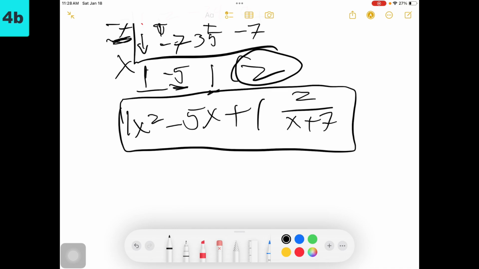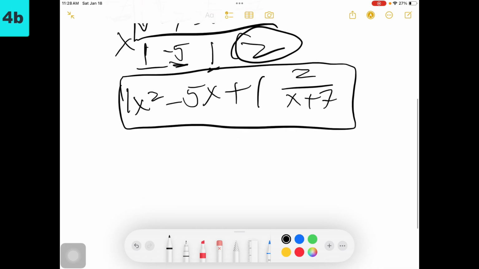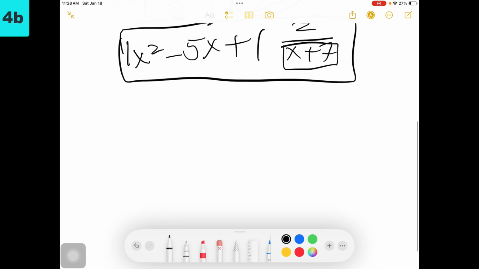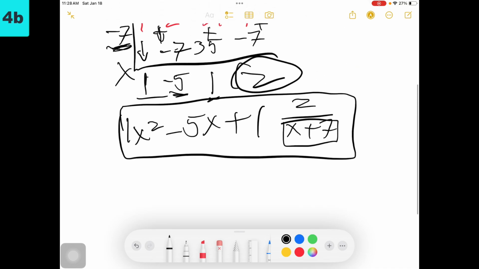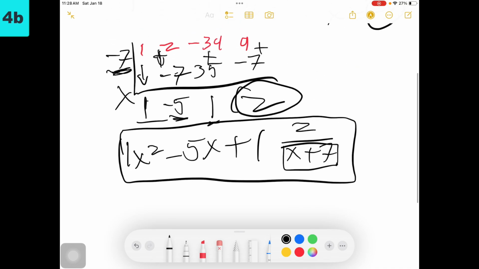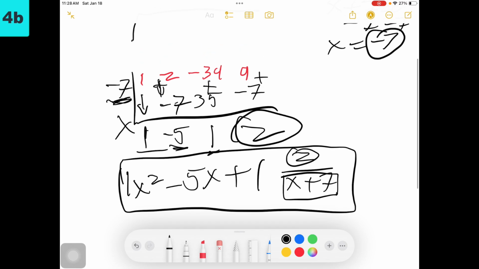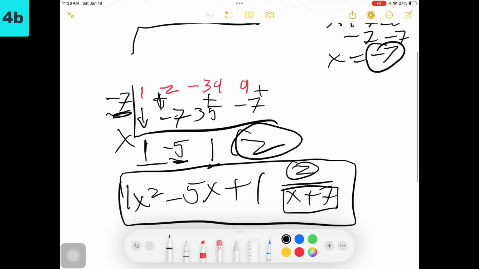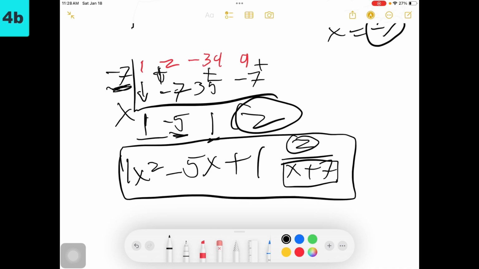And the final question is, is x plus 7 a factor? Well, it's not, because in order to be a factor, it has to have no remainder. And since 2 is a remainder for both synthetic division and the box method, it cannot be a factor.